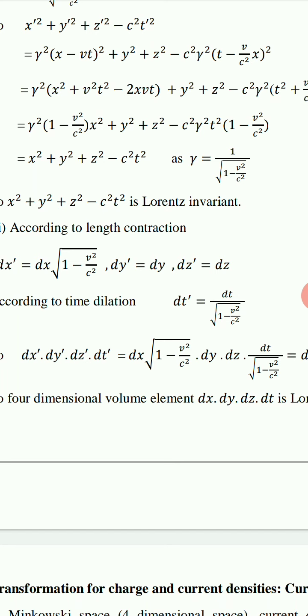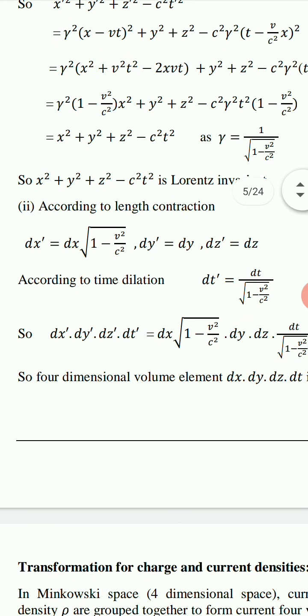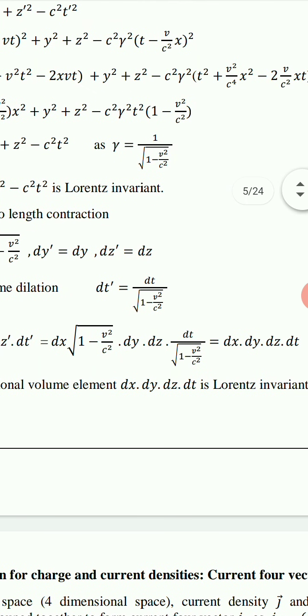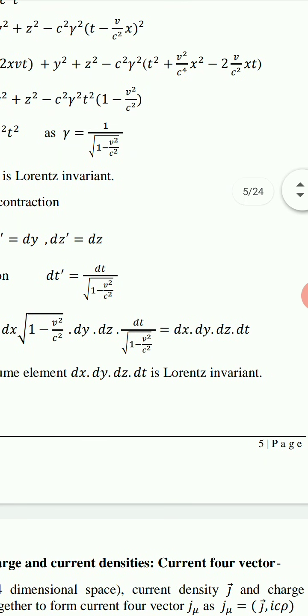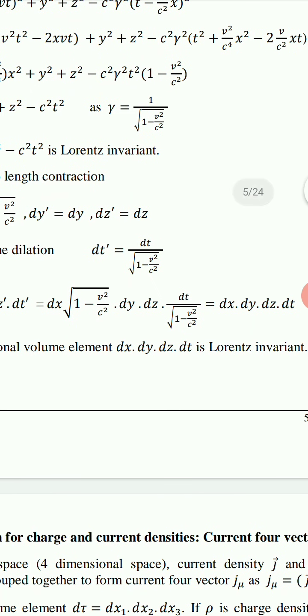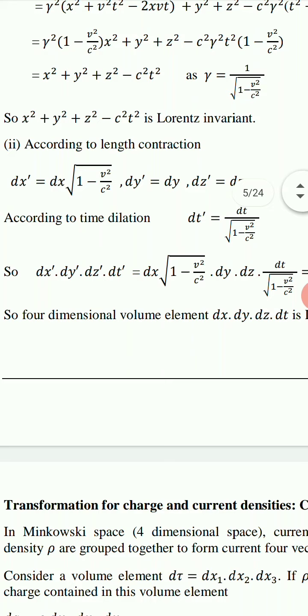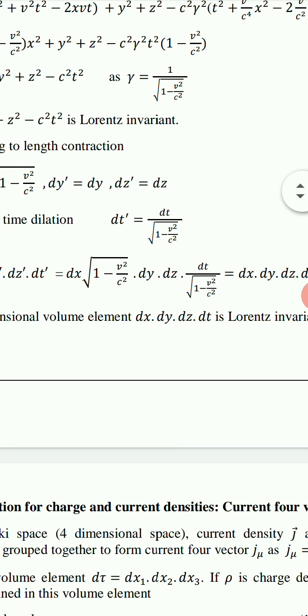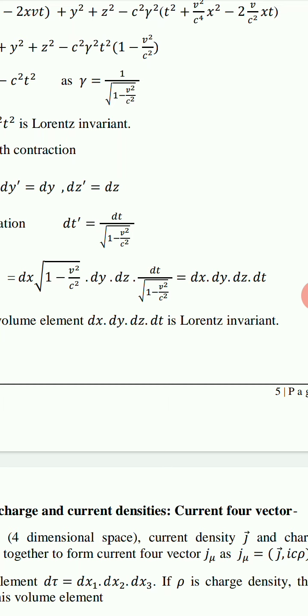Dt is the time interval in S frame and dt dash is the time interval in S dash frame. Substituting these values in dx dash, dy dash, dz dash, dt dash, we find that this becomes equal to dx, dy, dz, dt. So it is proved that the four-dimensional volume element dx, dy, dz, dt is Lorentz invariant.